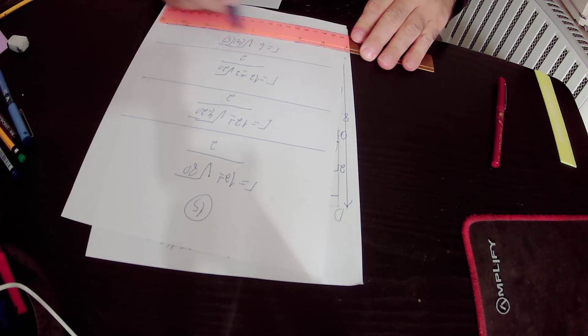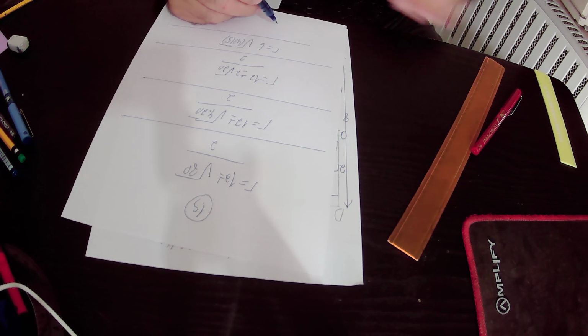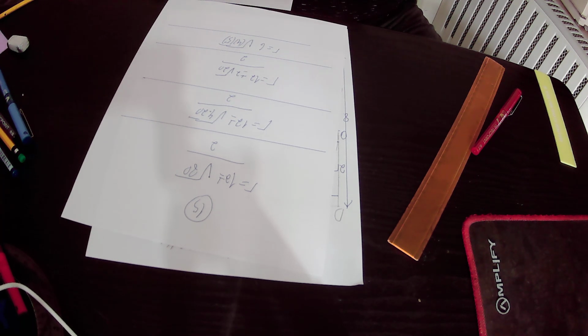The root of 4 is 2, so we will get that the radius R equals to 6 plus minus 2 times the root of 5.